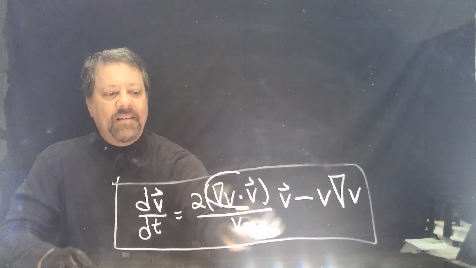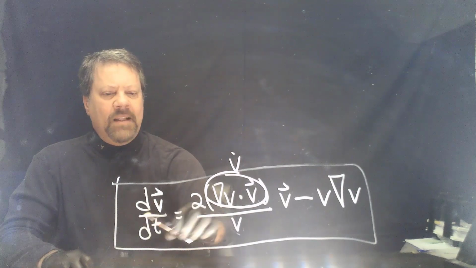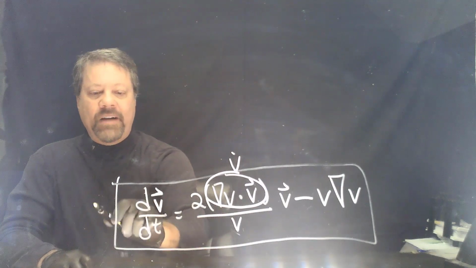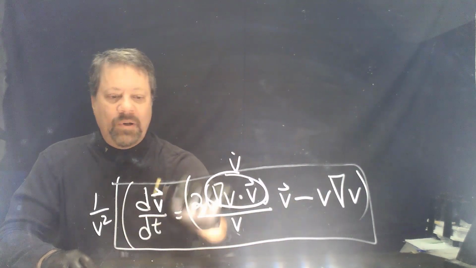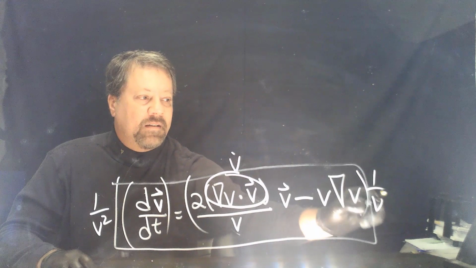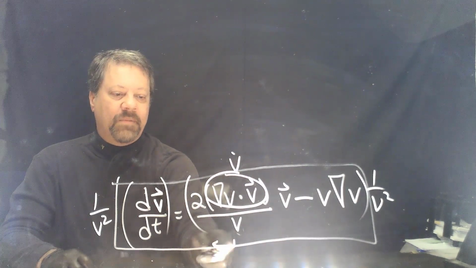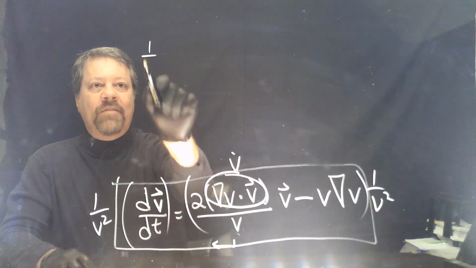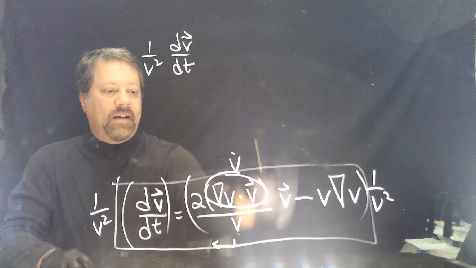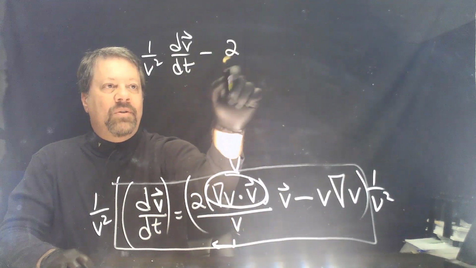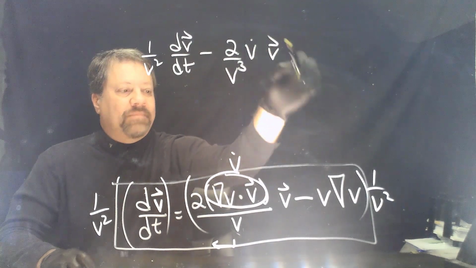Remember that the numerator here was v dot. Let's multiply both sides by the integrating factor 1 over v squared. That's going to go on both sides. And what we'll end up with, if we move this term to the left, is 1 over v squared dv dt, and then minus 2 over v cubed v dot v.